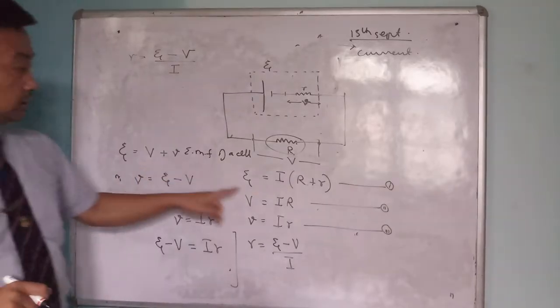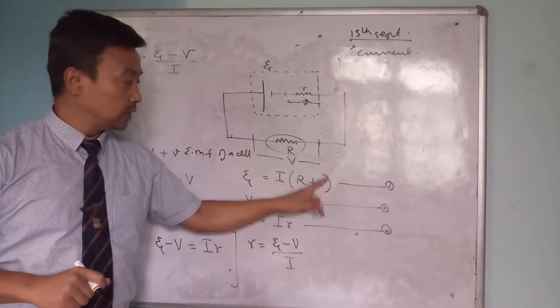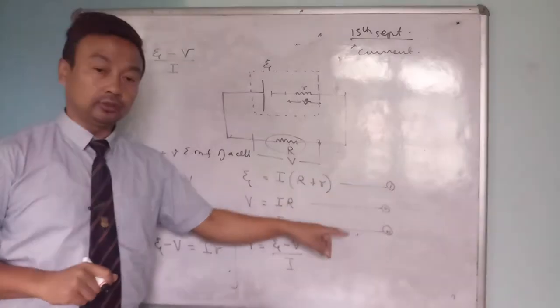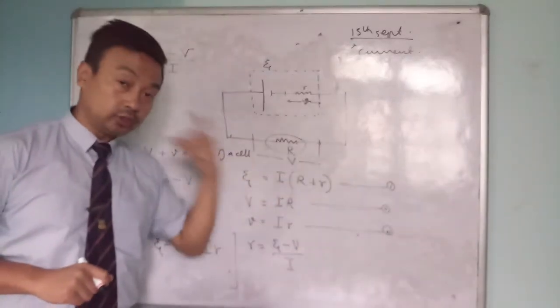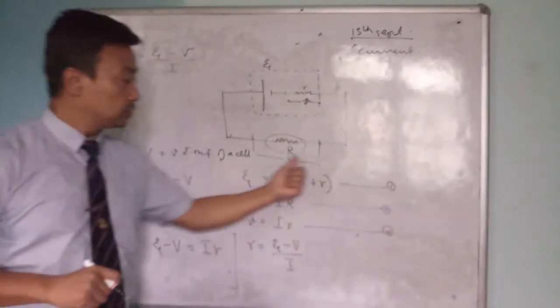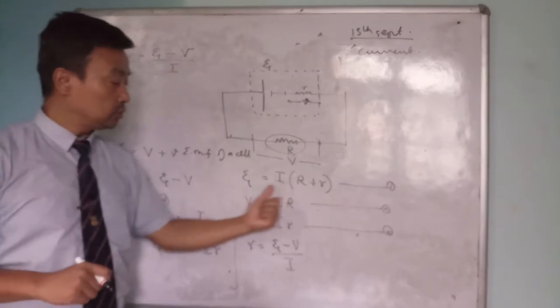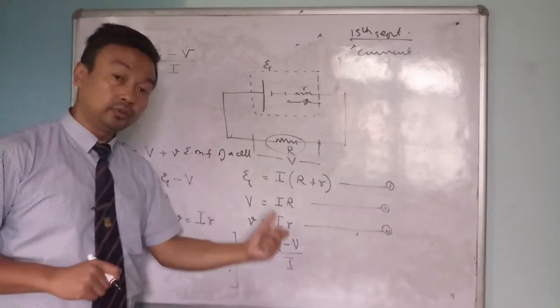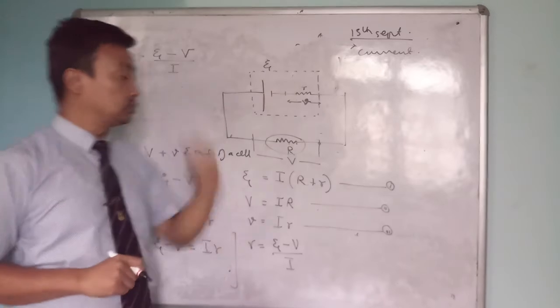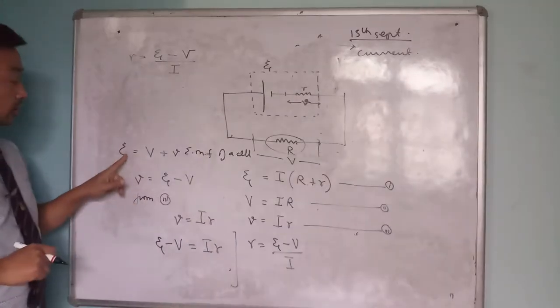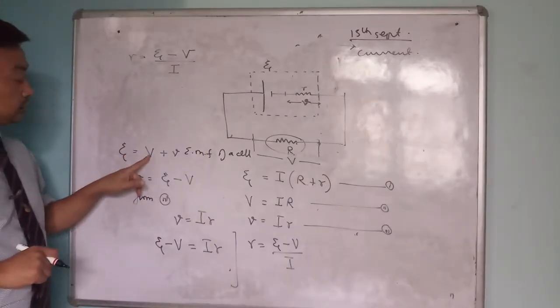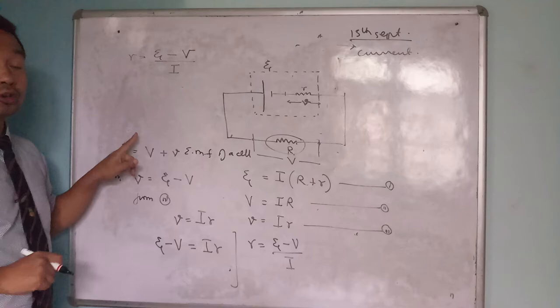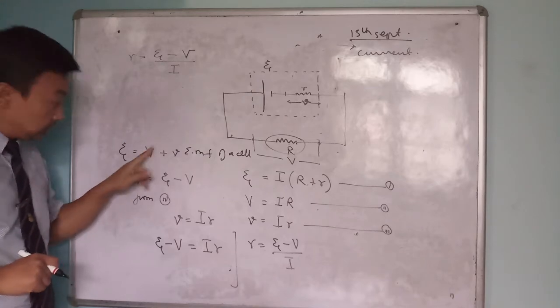Now see, these are the three equations we have got. In all of this we have applied the concept of Ohm's law. This is for the entire cell, this is only for the external electrodes, and this is only for the internal electrolyte. And again we know that EMF is the sum of the terminal voltage outside and inside.